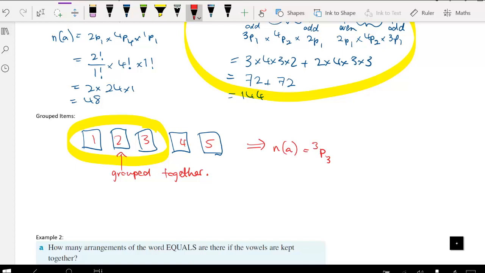So we're only arranging 3 items, and we have to multiply by the number of different ways that we can rearrange the 3 within that group. And so we'll multiply by 3p3 as well.